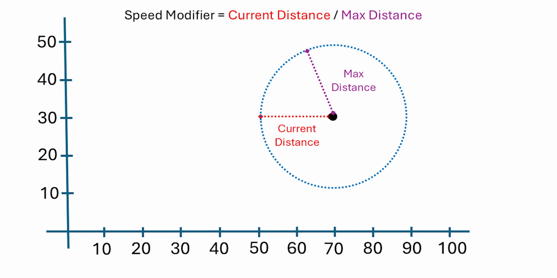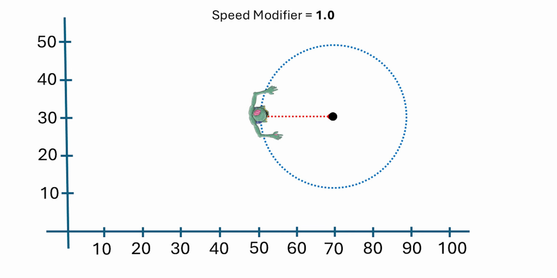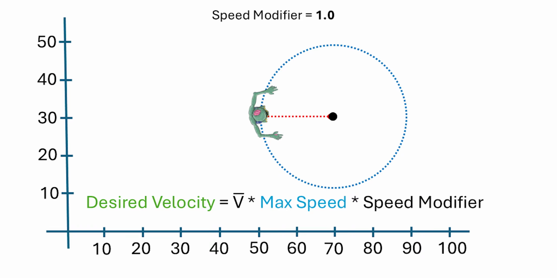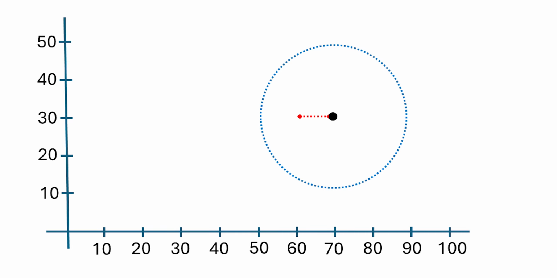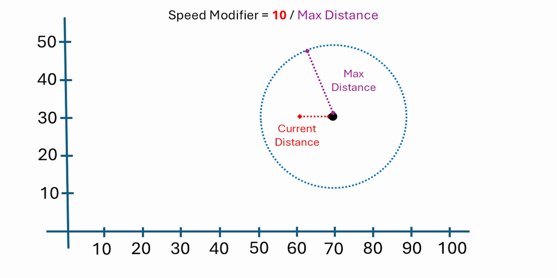So if we switch these out for the relevant numbers, you can see that when we're on the edge of the slowdown radius, we get a speed modifier of 1. We then use this in our desired velocity calculation, and multiplying anything by 1 will give you the same result. But as we get closer, the current distance decreases, which has an effect on the speed modifier, and we slowly come to a stop.